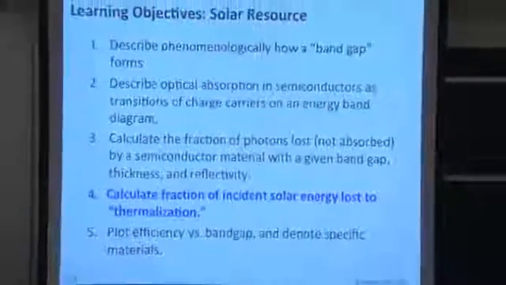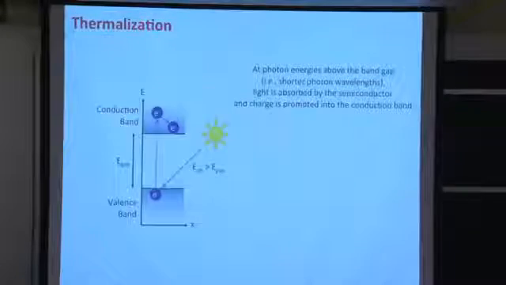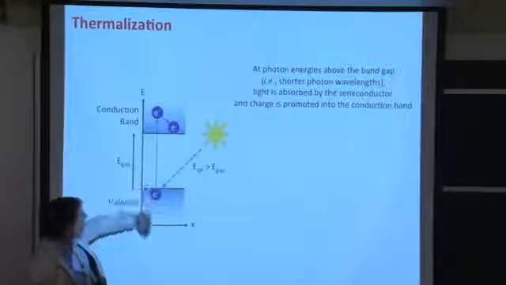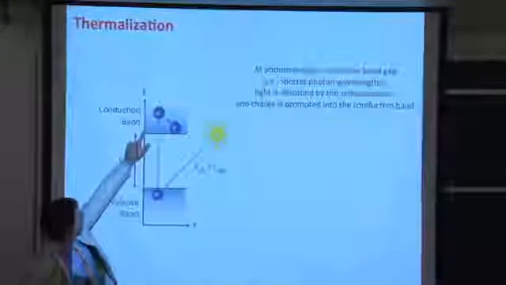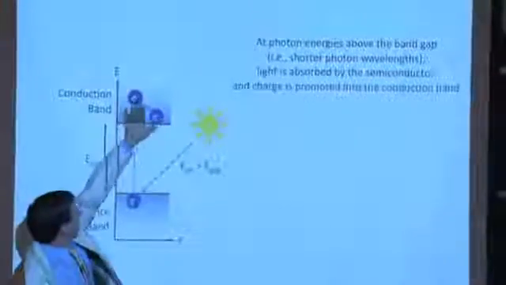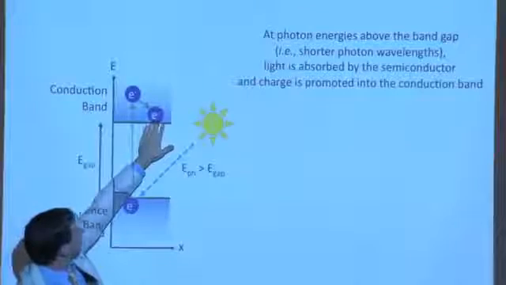We want to calculate the fraction of incident solar energy lost to this thing called thermalization that Ashley was mentioning before. We have, in this simplified diagram right here, an electron popping up to a higher energy level and then settling down to the bottom of this conduction band, we call it, this band of states that's empty right here, or largely empty.